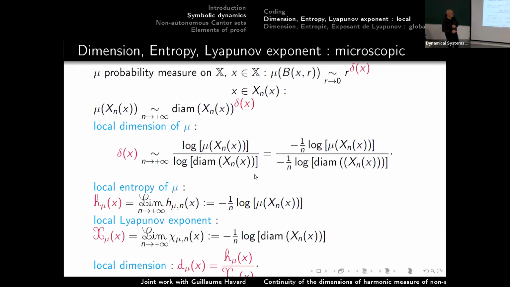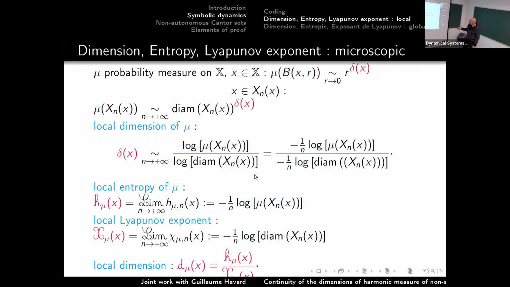Now, the main issue is that suppose you have measures that are very close. That is, take mu and mu tilde that have almost the same mu of x, in the sense that if you go from one cylinder to the other, the ratio between the two is between 1 minus epsilon and 1 plus epsilon.